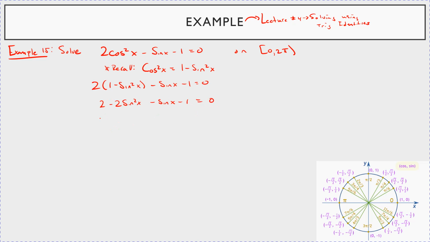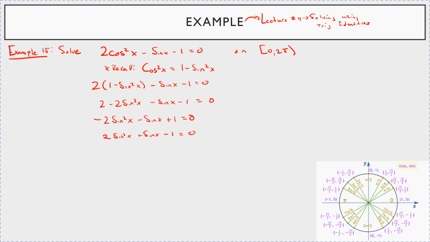Well, 2 minus 1, so I get minus 2 sine squared of x minus sine of x plus 1 is equal to 0. I have a leading negative, so I'm going to multiply both sides by negative 1, and you end up with 2 sine squared x plus sine of x minus 1 is equal to 0.